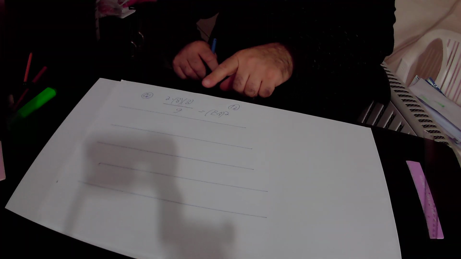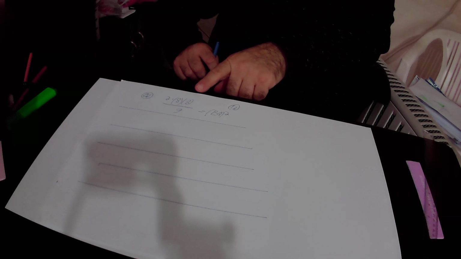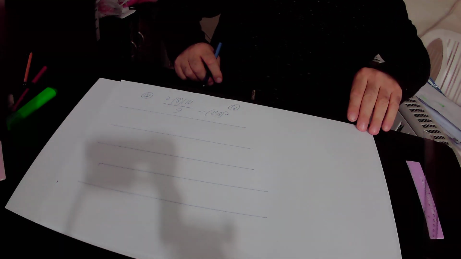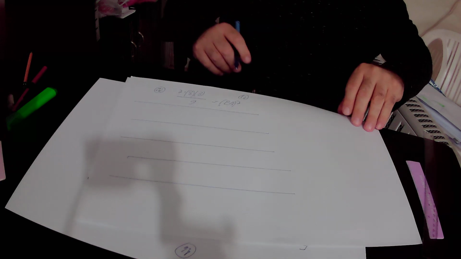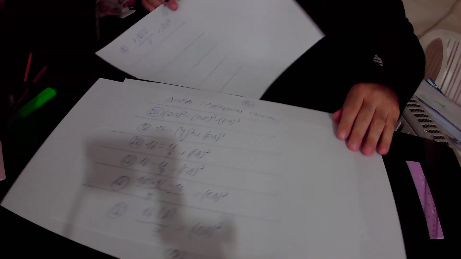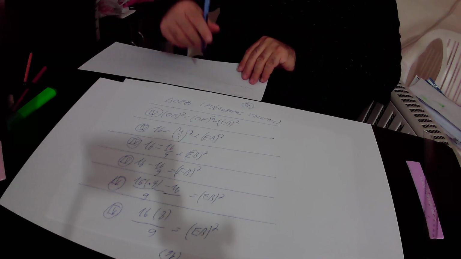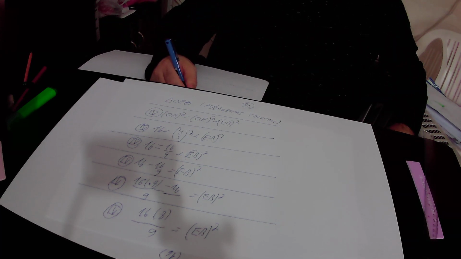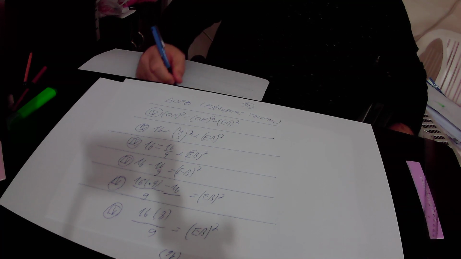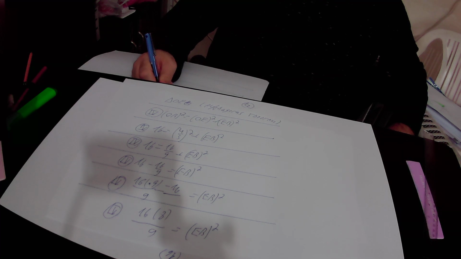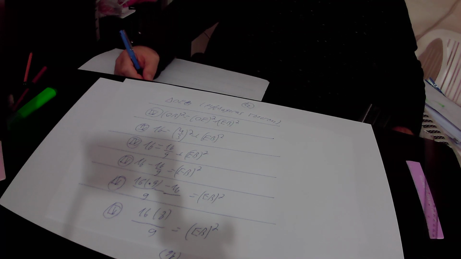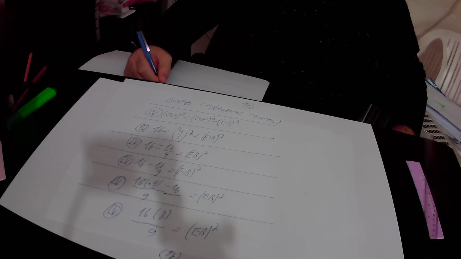So here we will take a root out of this equation number 4, and we will get that EB equals the square root of 2 times 8 times 8 over 9.